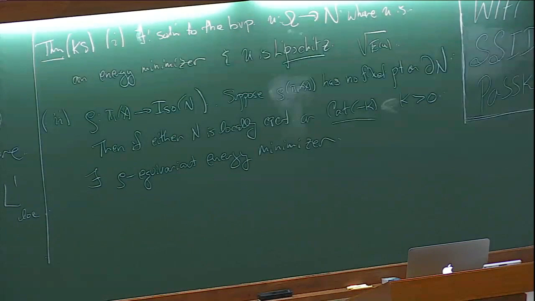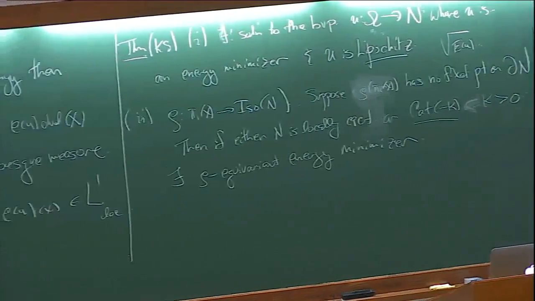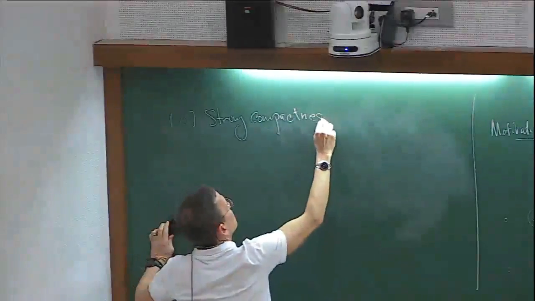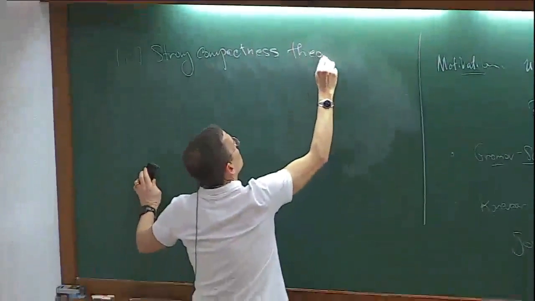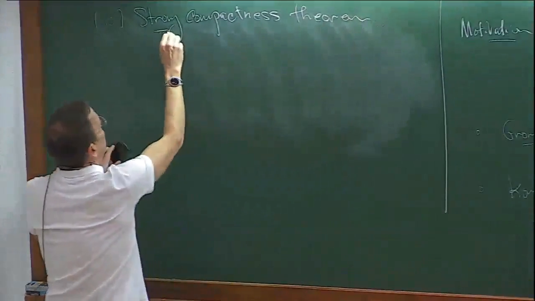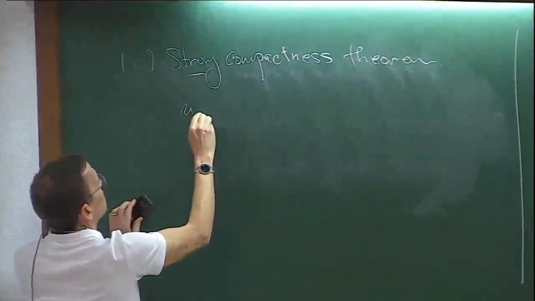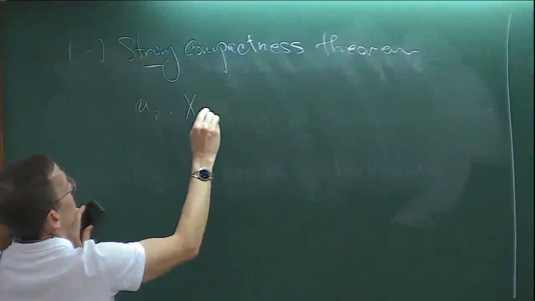Okay, so I think I don't have enough room for the third thing here, and the third one's kind of important, so let me do it somewhere else. So the third property is a strong compactness theorem. So specifically, suppose I take a sequence of energy minimizers.